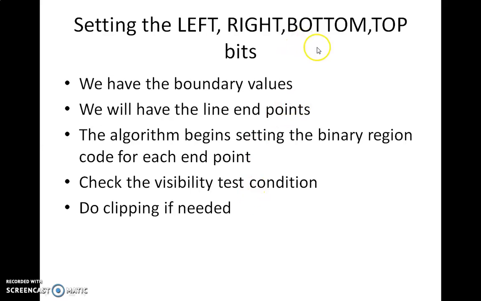So how do we set the left, right, bottom and top bits? We have the boundary values and the line endpoints. Now we have to find the binary region code for each endpoint of this line segment, then based on the generated code, check the visibility and do clipping if needed.